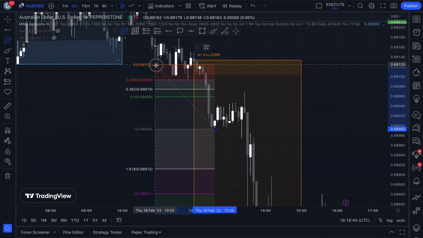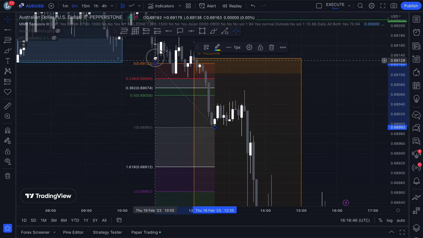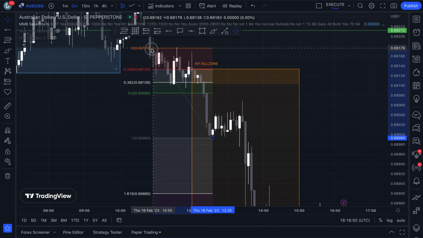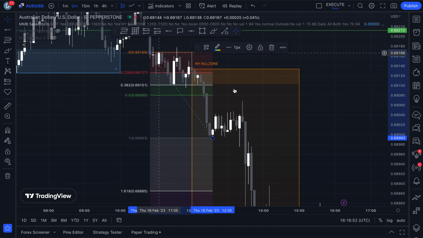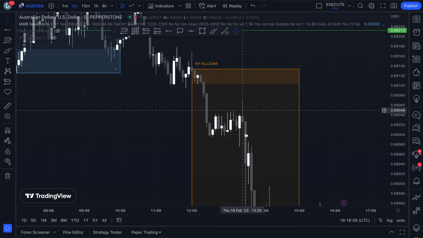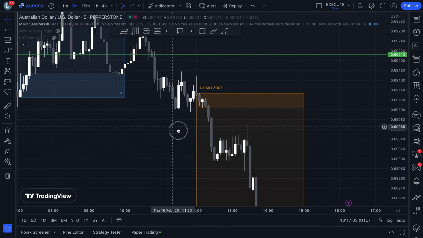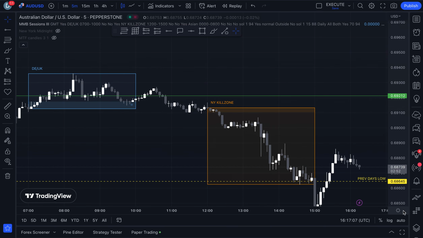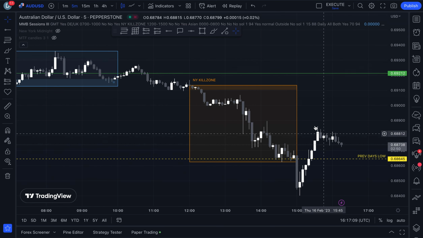If I were to take this, in actuality, it would actually be higher. Okay, so price never gave me that retest, so I wouldn't have been able to participate in this particular move. But pretty solid. So that's it for AU today, and it's been quite nice.